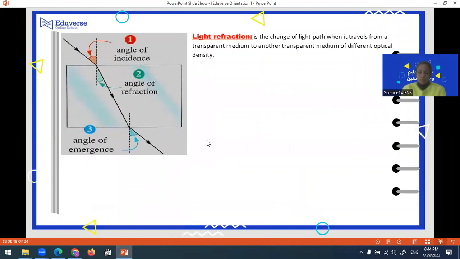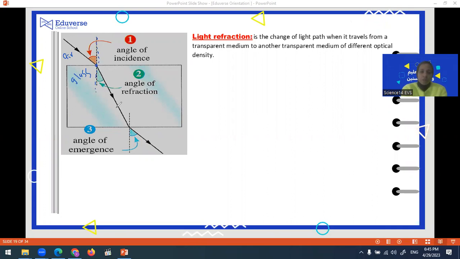What about the refraction? Okay, let's see. This is also, we can call it the incident light ray. This is the intersect between the two different mediums. We have here, for example, the air, and we have here the glass, and we draw our normal.